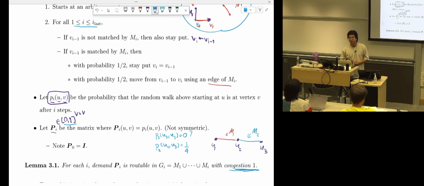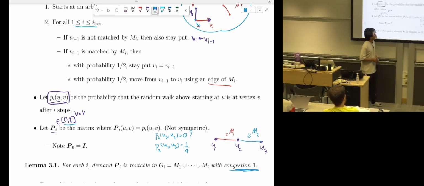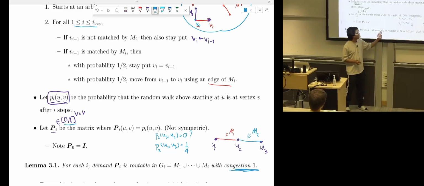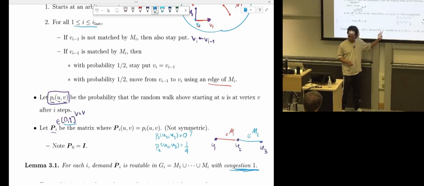So the demand here is not symmetric. Yeah, but we've been talking about only symmetric demand. What we learned still applies. I'm just going to construct some directed flow that routes this directed demand with congestion 1.